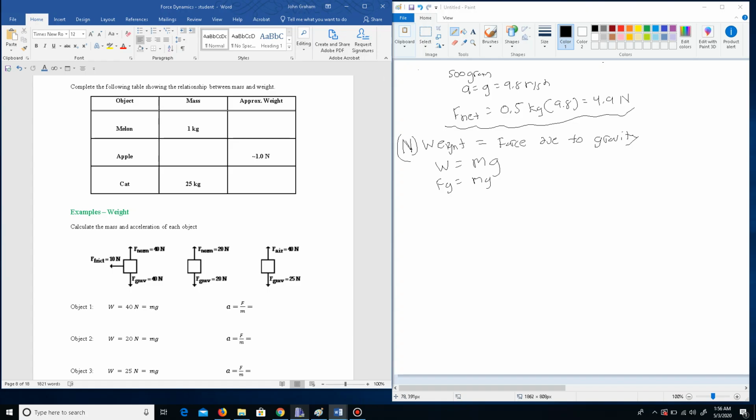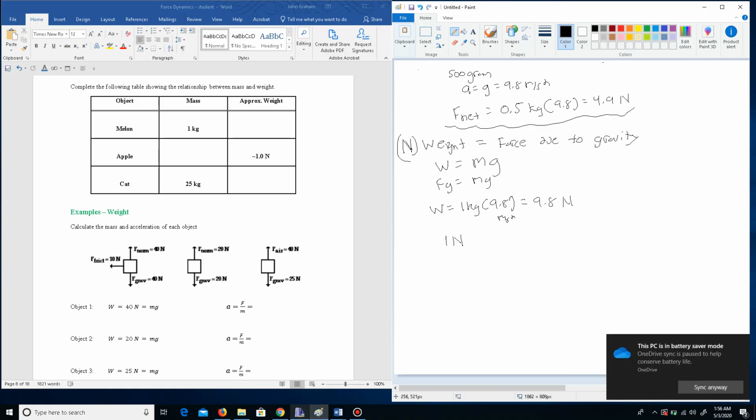So for the 1 kilogram mass, your weight is going to be 1 times 9.8 newtons. This is always meters per second squared. If you have a weight of, let's say, 1 newton, I'm going to hurry up here, it's wanting to kick me off.